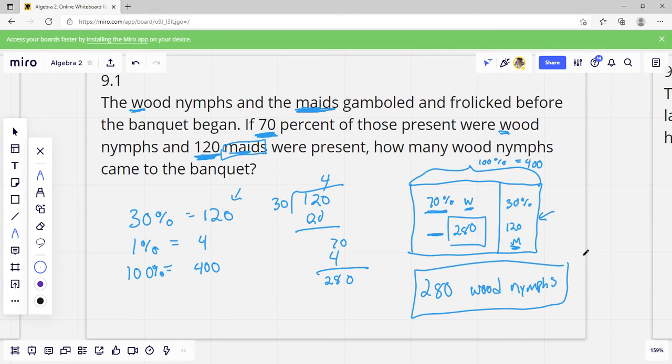So if they're talking about a word you've never read before, they do that to trip you up. But if you're used to working with stuff that doesn't make much sense, or maids and frolicked and all that nonsense, it doesn't matter. All we're looking at is the numbers and figuring out a percent from those numbers.